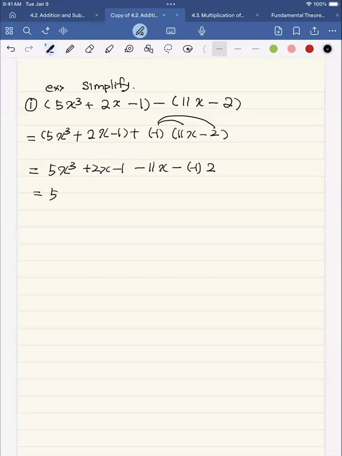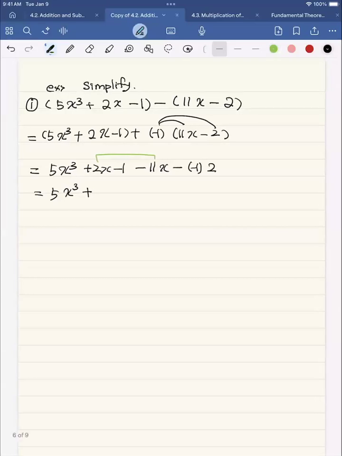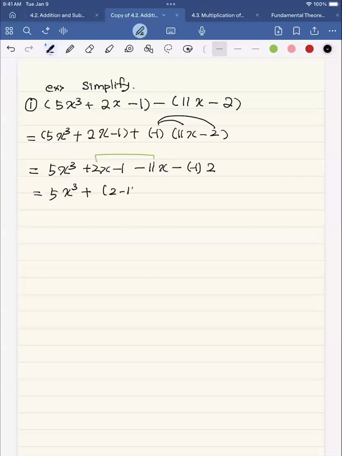This one is 5x cubed plus, we combine these two, then that'll be 2 minus 11 times x. Then we have to calculate these two, then that'll be minus 1 plus 2. So that's 5x cubed minus 9x plus 1.